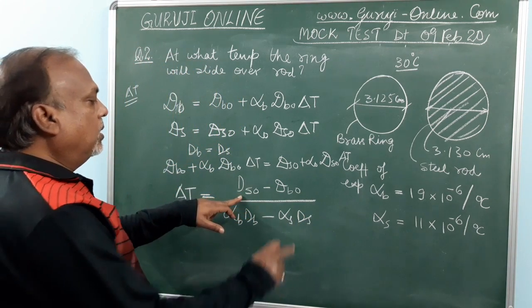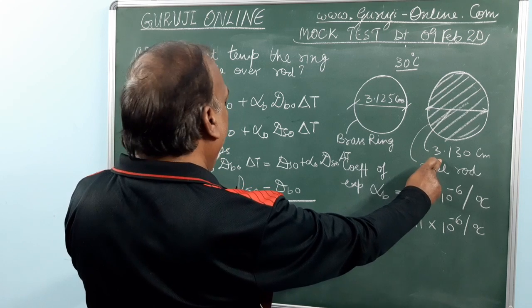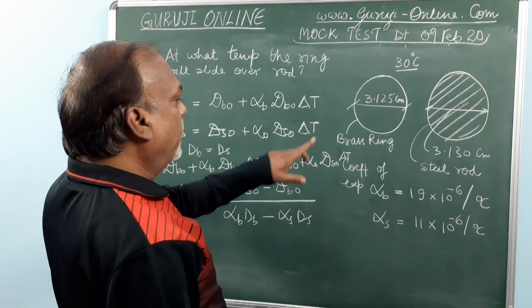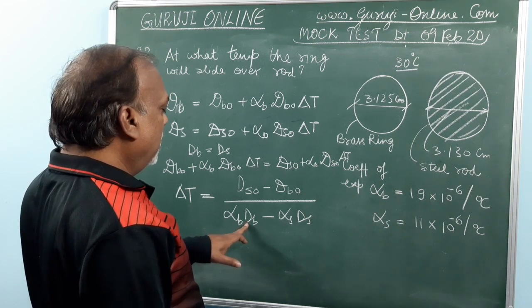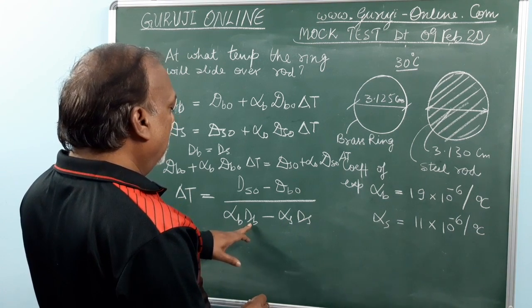This you know, 3.130, this you know, 3.125, alpha B you know, alpha S you know.